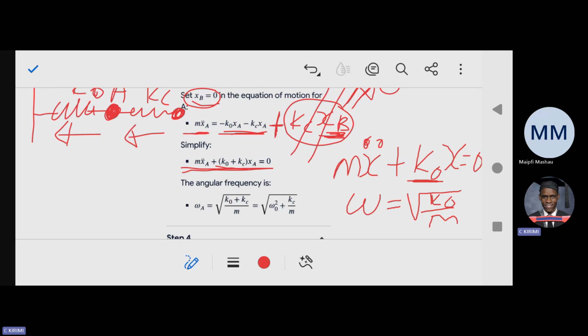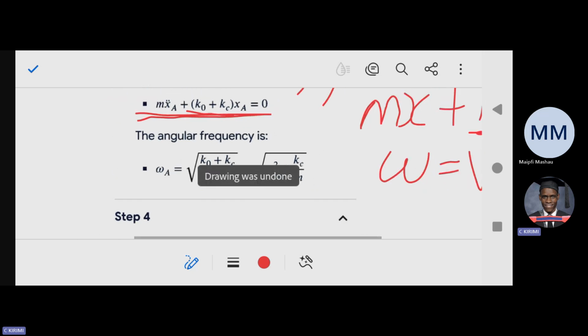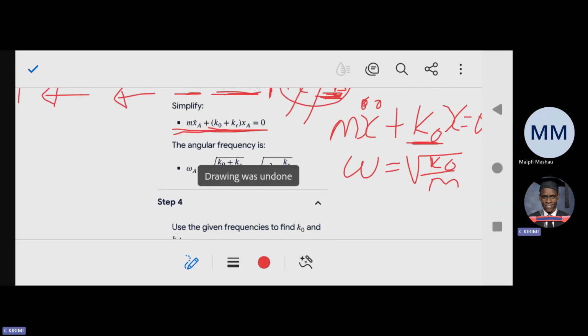In place of k naught, now we are putting two things. Instead of just putting k naught once, we are putting the whole coefficient of xa, which is k naught plus kc, over m. Then you just separate them.